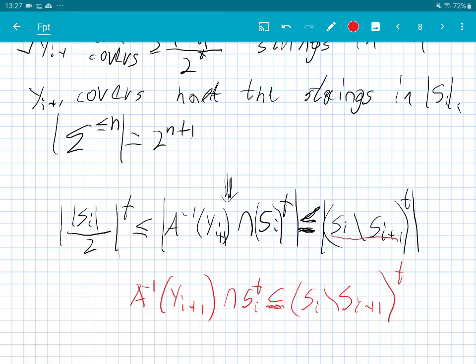Okay, so to understand this inequality, we need to look at it a bit. S_i minus S_{i+1} are all the strings that got covered in this iteration. And the important thing is that S_i to the t are all the strings that at this stage are still yet to be covered.